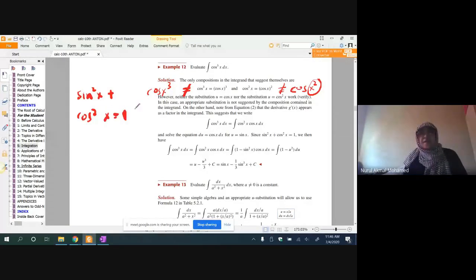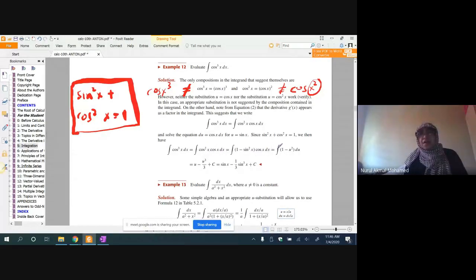So cos squared x can also be written as 1 minus sine squared x, and then cos x stays.